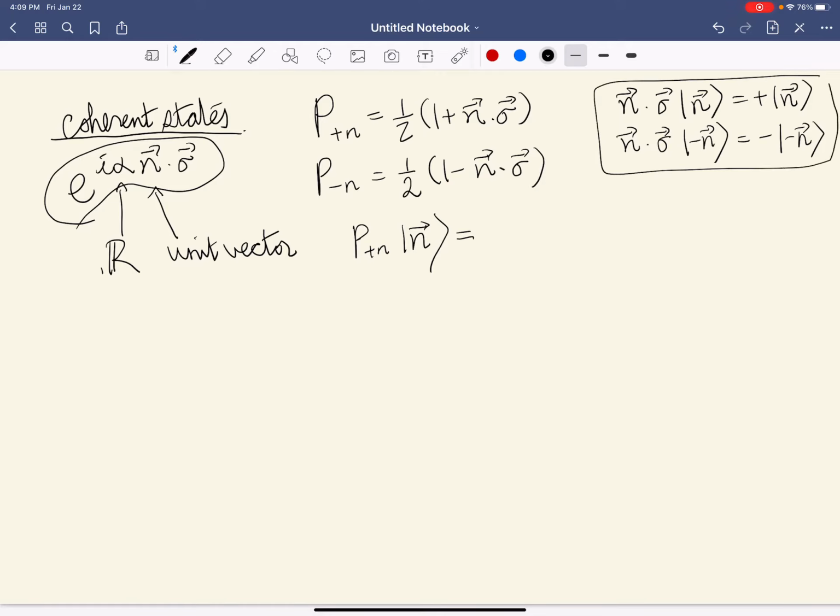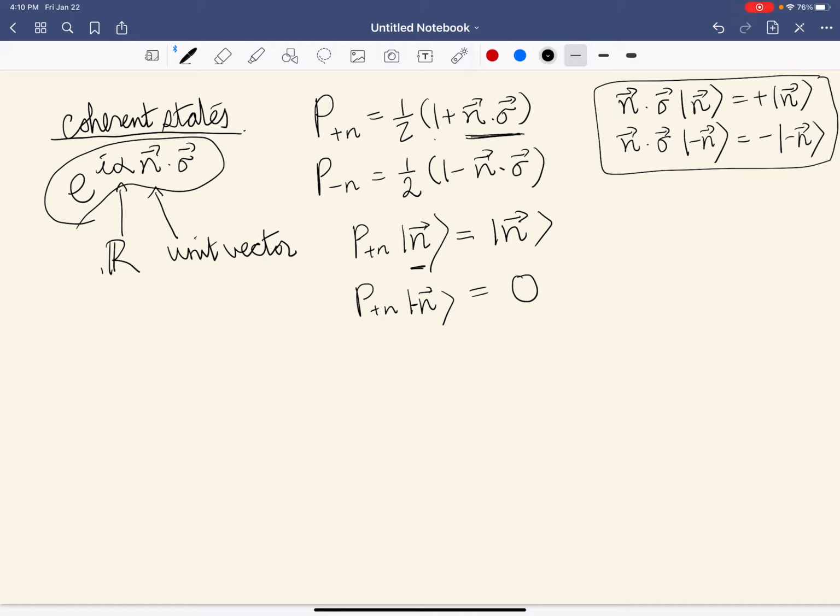So now let's try to remember these two results and bring them to good use. P plus n acting on this n state, according to this result, is n. However, P plus n acting on the minus n is 0, because then this operator will turn into an eigenvalue minus 1. Therefore, 1 minus 1 will give you 0.